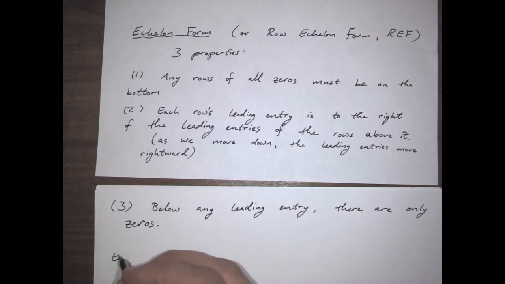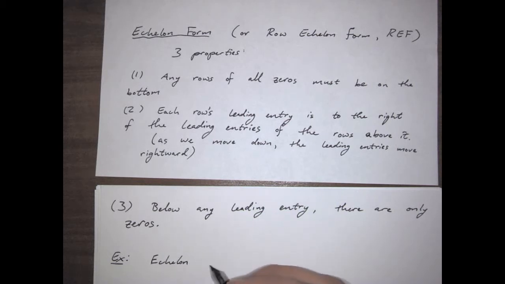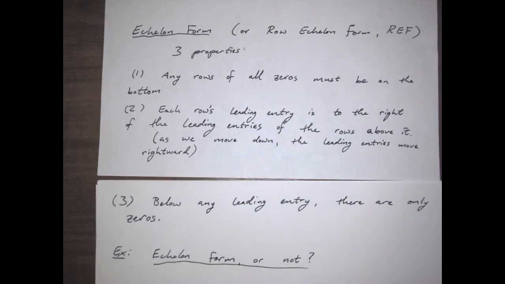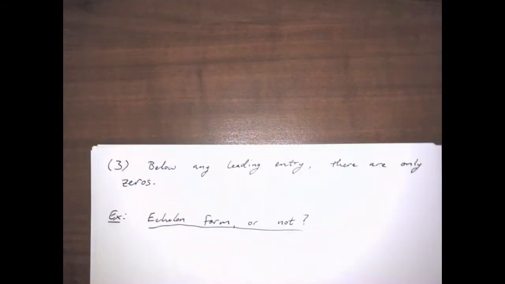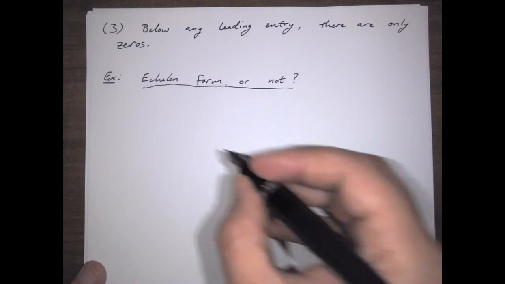Now, as an example, echelon form or not. Let's look at an example of a matrix not in echelon form and then compare it with one that is.